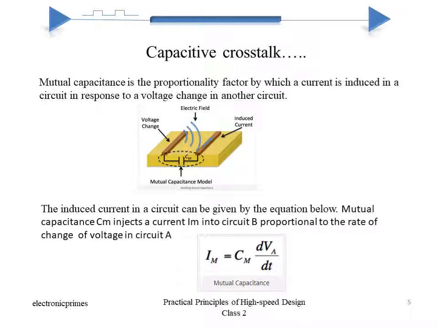Meaning, if you see the diagram presented here, the mutual capacitance, which is called Cm, injects an induced current into circuit B proportional to the rate of change of voltage in circuit A, whereby the induced current in a circuit can be given by the equation as below: I = Cm dV/dt.